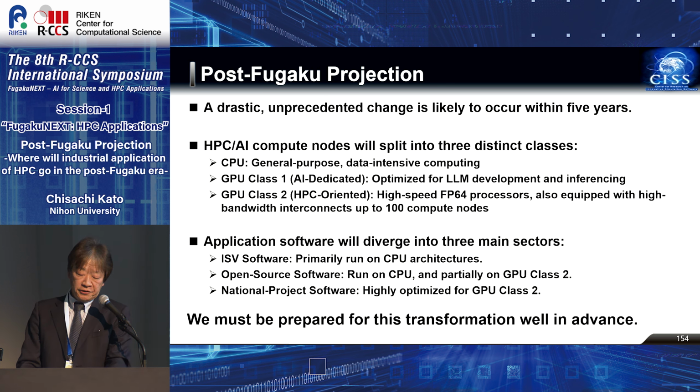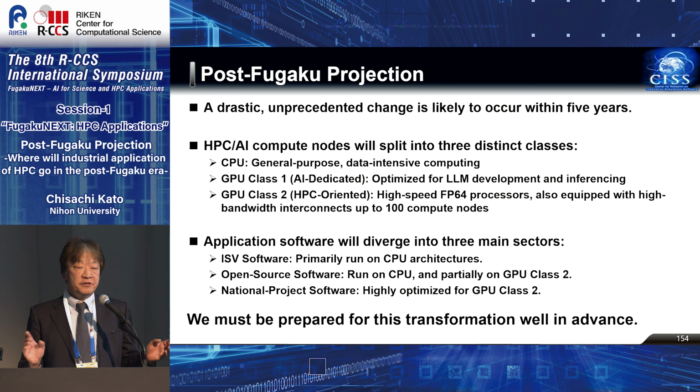The post-Fugaku projection, am I a bit late or fast? I don't know. A drastic and unprecedented change is likely to occur within 5 years. HPC AI computer nodes will split into 3 distinct classes, which I have not mentioned in this talk, but I think this would be a bit general too. The CPU: general purpose, data intensive computing. The GPU would divide into 2 classes.